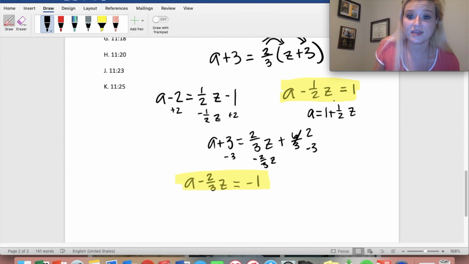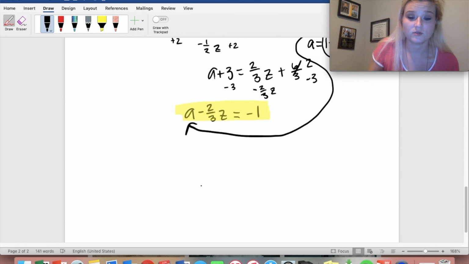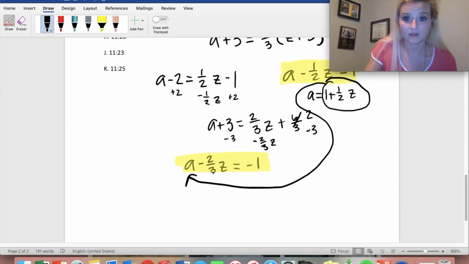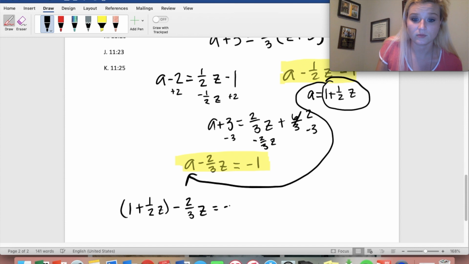And now we're going to take this expression and substitute it in for that a. So down here, that is going to give us, instead of saying a, we're going to say 1 plus 1/2 z, and then minus 2/3 z equals -1.